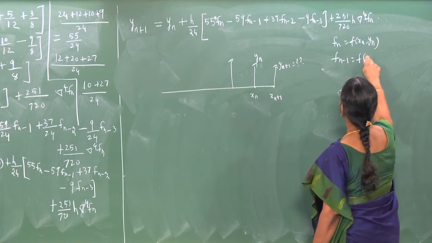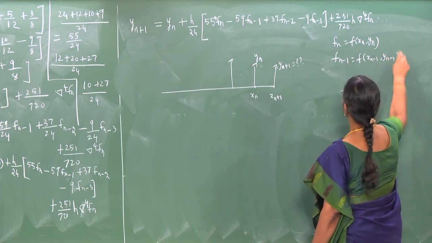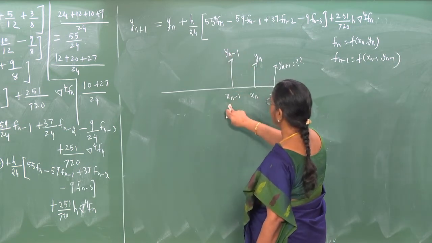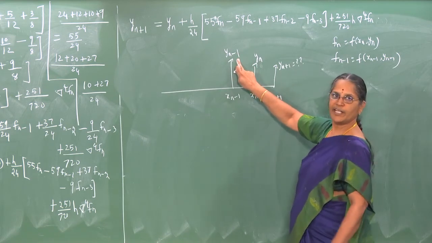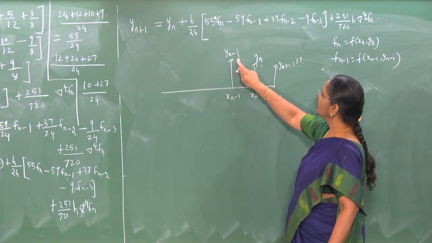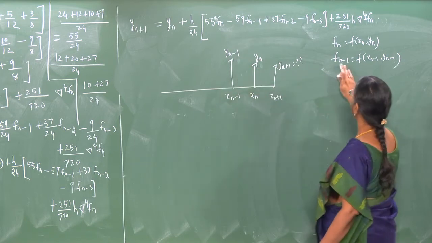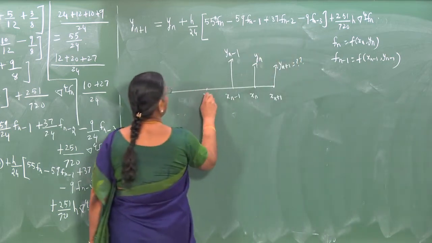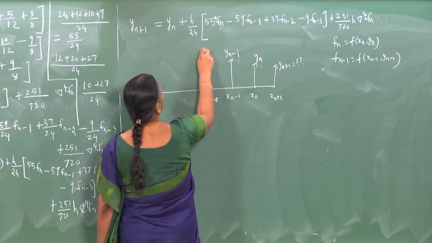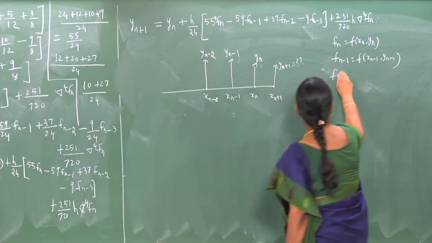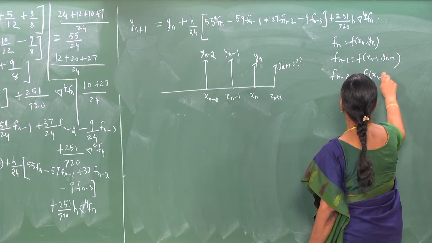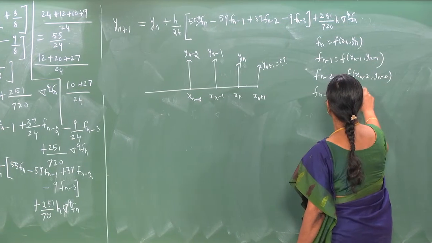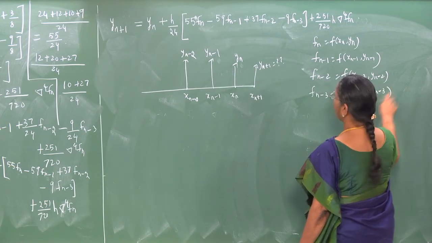What is fn minus 1? It is f of xn minus 1, yn minus 1. So, the information at the previous point, namely xn minus 1, should also be available to you, and you call that yn minus 1, and once you have this, you find what fn minus 1 is. Similarly, you compute the values of fn minus 2, which is f of xn minus 2, yn minus 2, and fn minus 3, which is f of xn minus 3, yn minus 3.